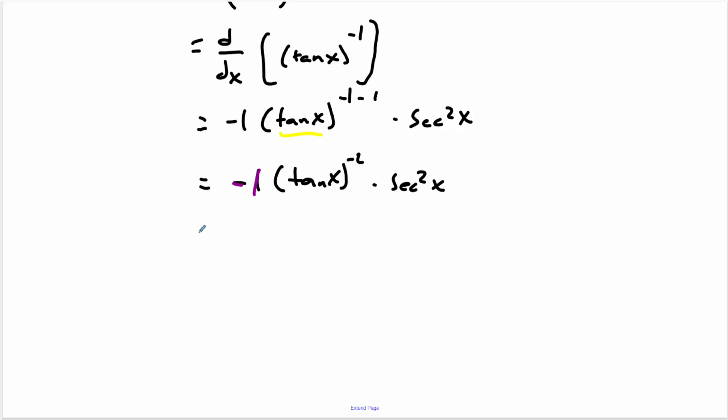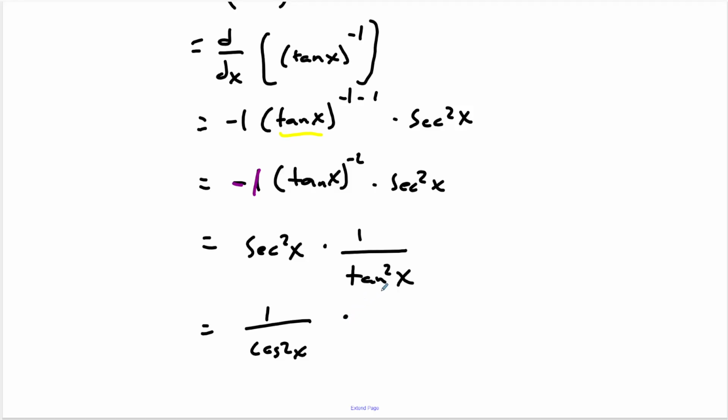So now, again, there are many ways of thinking about this. You could write it as secant squared of x times 1 over tangent squared of x. Many ways of writing this. I'm just going to say this is 1 over cosine squared of x.